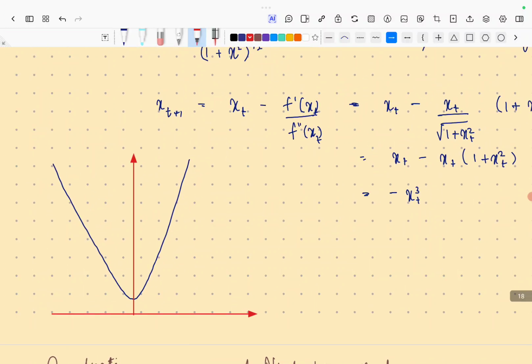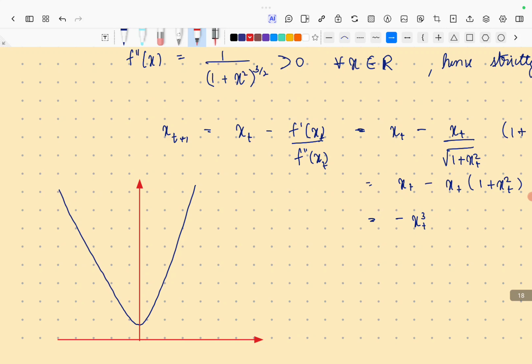Suppose I start with an arbitrary x t, what happens? So I run Newton's method. I start with an arbitrary x0, let's say x0 equal to 0.5. What would be my sequence of iterates?